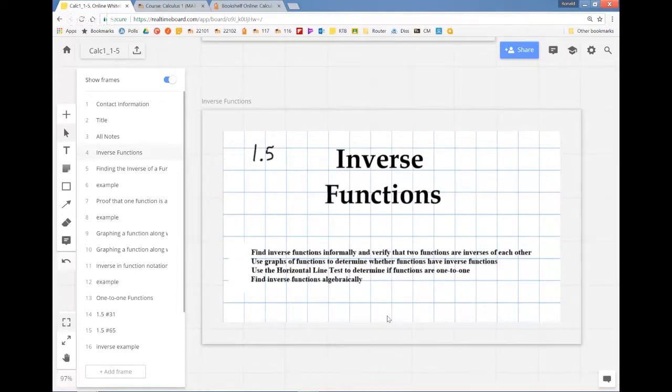How do we prove that? And then we're going to use the graphs of functions. By looking at the graphs, we should be able to tell whether they're inverses or not. Then we'll use something called the horizontal line test to tell if functions are one-to-one. And then, how do we find inverses using algebra? Those are the goals we're aiming for today.